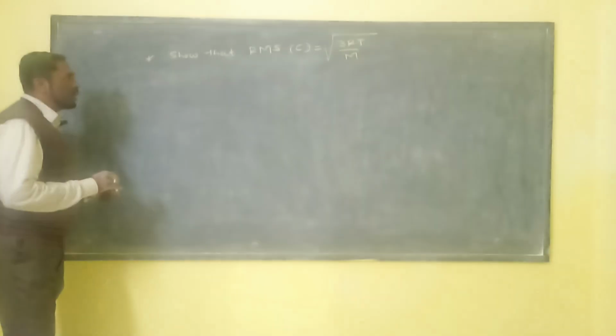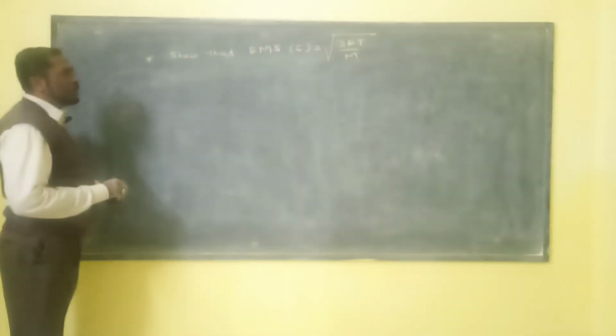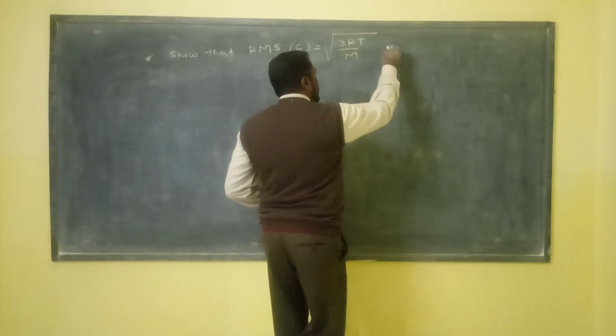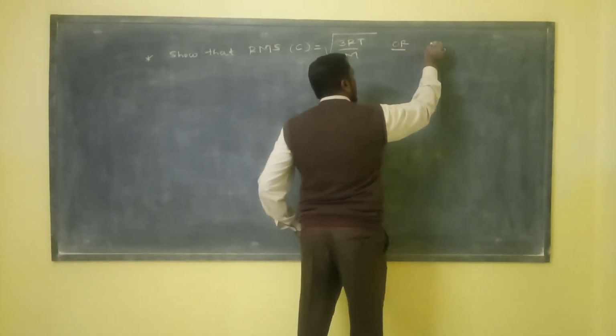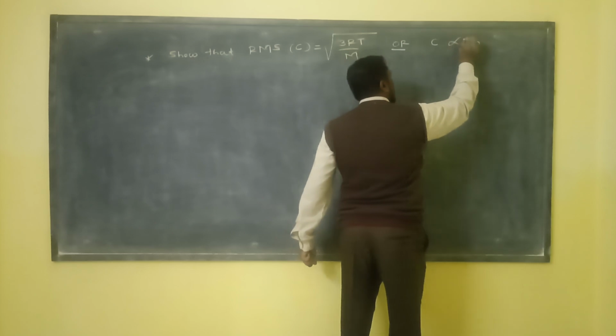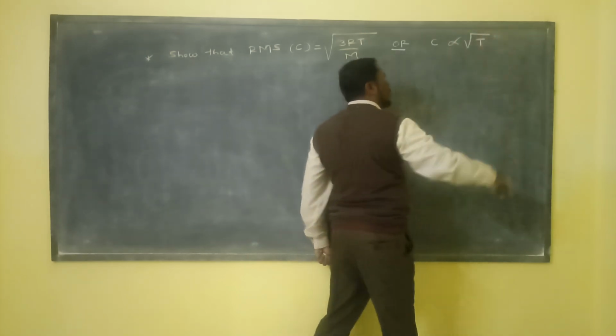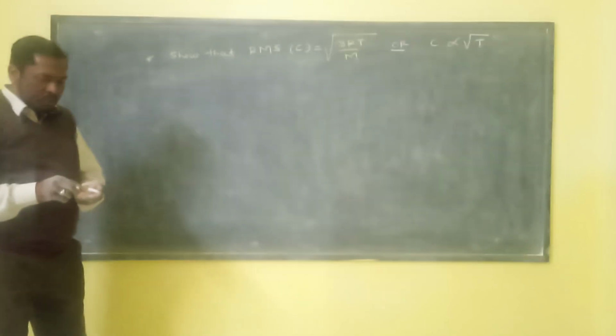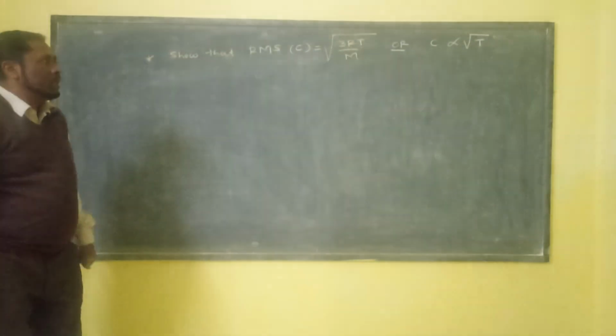Sometimes it is asked in this way: show that RMS velocity is directly proportional to square root of absolute temperature.